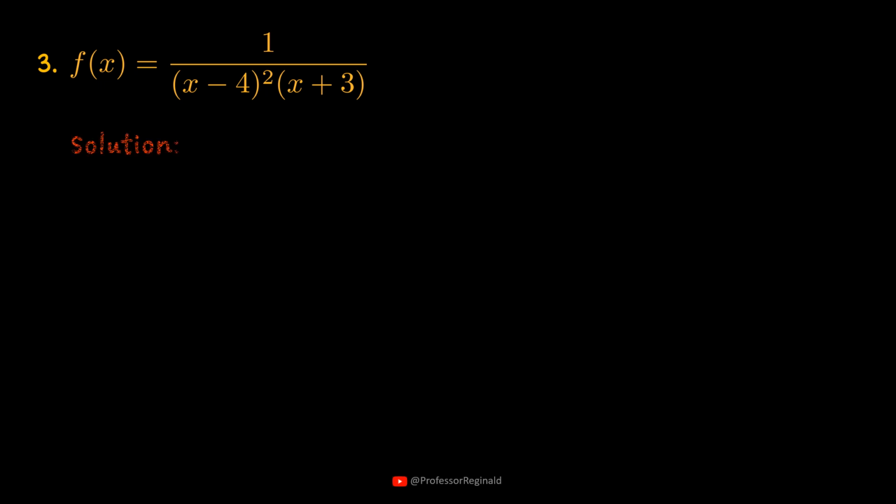Number 3. f of x equals 1 over quantity x minus 4 quantity squared times quantity x plus 3. Solution.